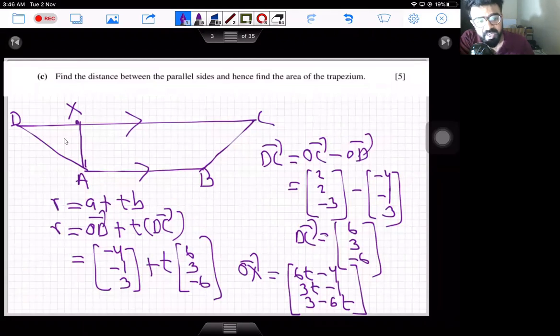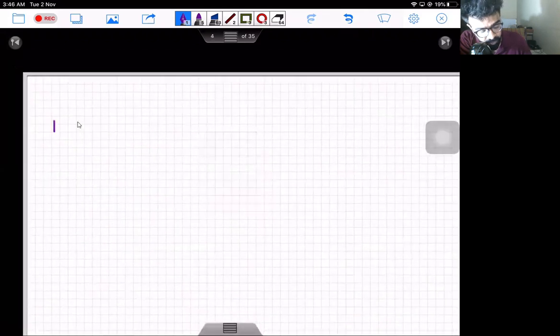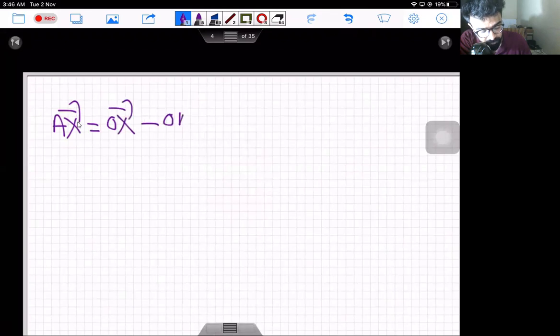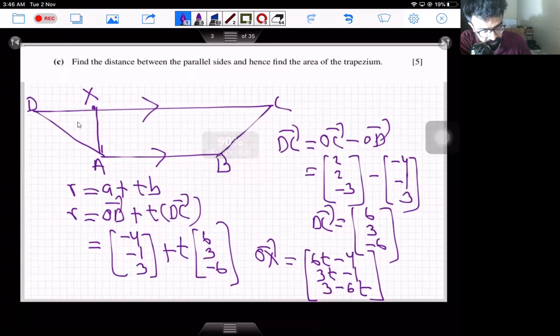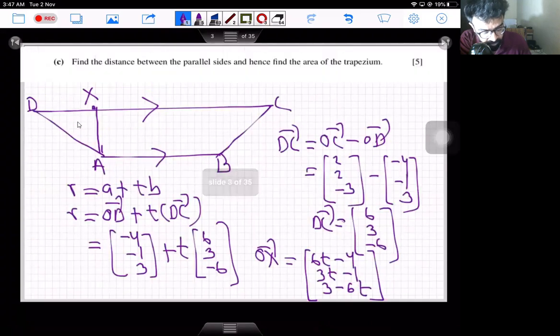Now what you need to find is actually the magnitude of AX. So first of all, let's find the vector AX in terms of t. AX is basically equal to OX minus OA. So OX is 6t minus 4, 3t minus 1, and 3 minus 6t.